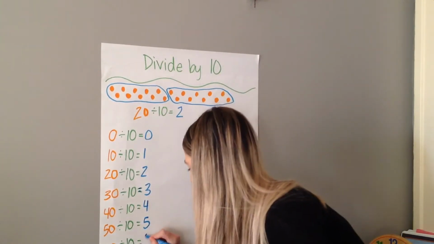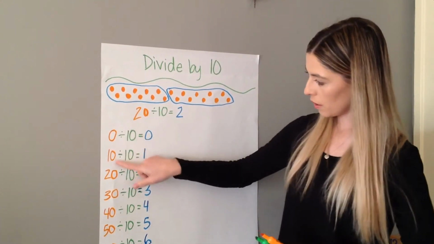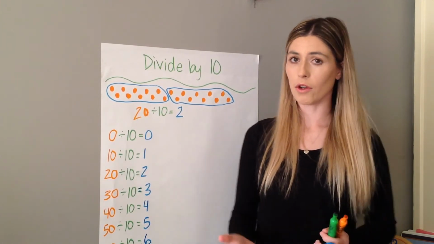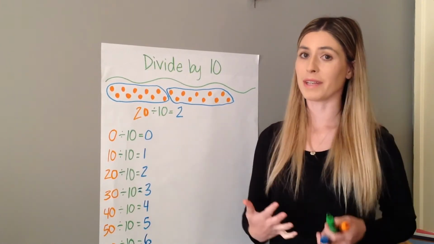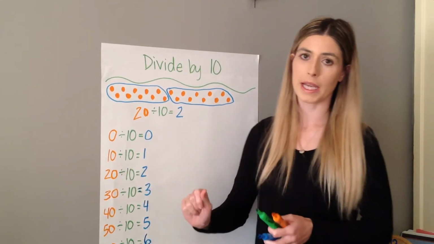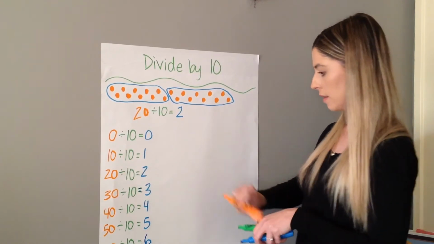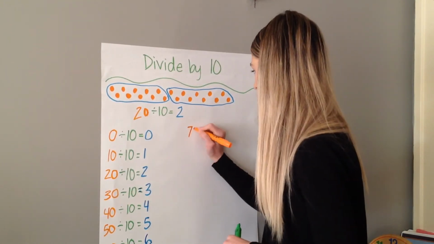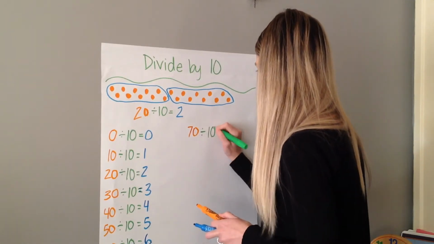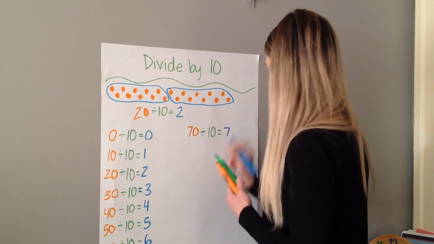If you can already see the pattern I'm using here, I'm only using tens, which is why your skip counting song in Go Noodle is really going to help you with multiplication and division, because we are skipping by tens right now. When we do multiplication or division by tens, we are skip counting by tens. Let's go over here and do 70 divided by 10 equals, take the 0 off, and we have 7.